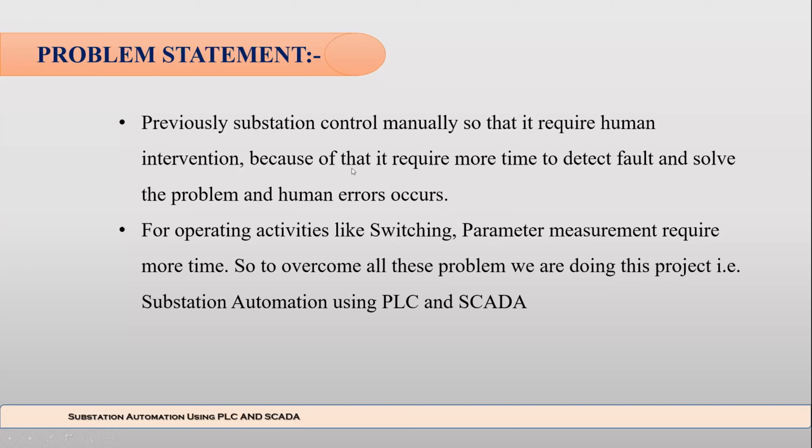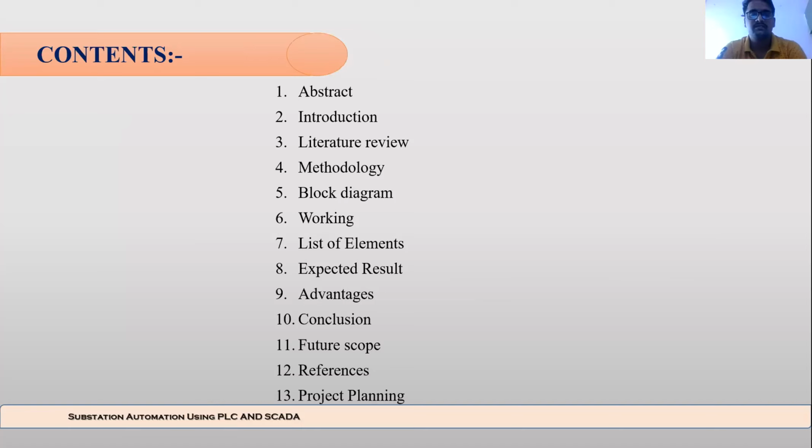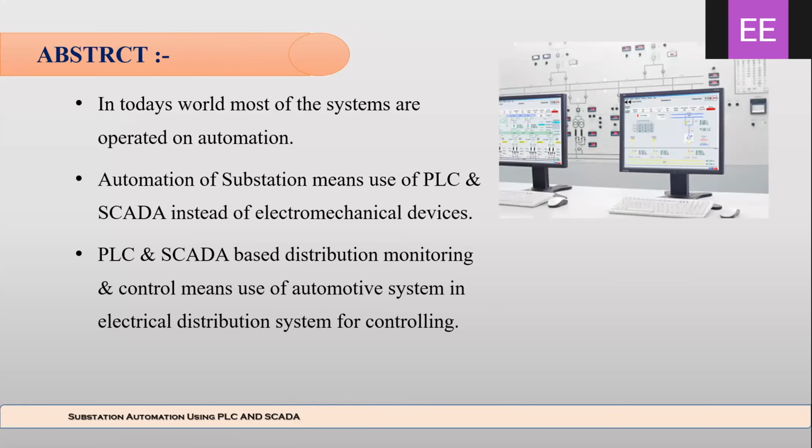Or for remote electrical fault analysis, we automate the substation and display real-time substation information in the control center. Next slide. These are the contents we are adding. Next slide. Go to the next slide. Further discussion will be done by Chaitanya.